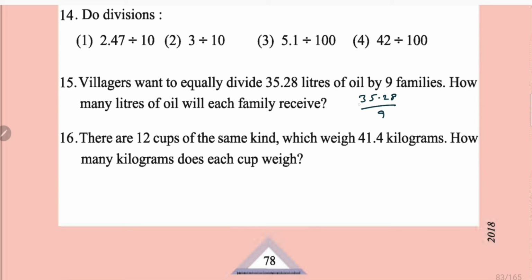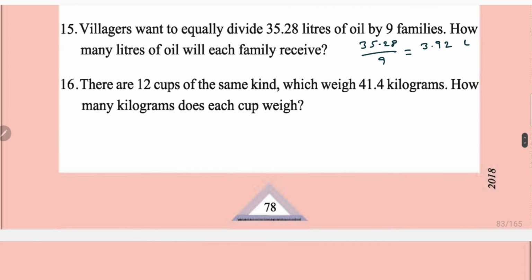Then how to proceed? 5 plus 3 is 8, 8 plus 8 is 16, 16 plus 2 is 18, 18 goes by 9, so this will go by 9, 9 3 is 27, 9 4 is 36, so 27. 82, 9 9 is 81, 9 2 is 18. So 3.92 liters.